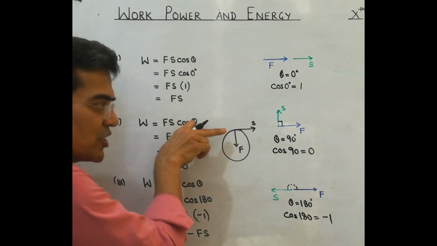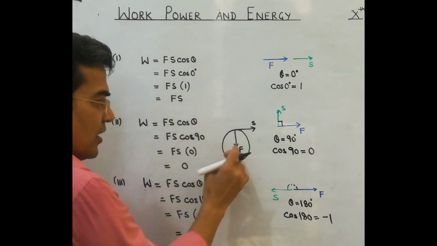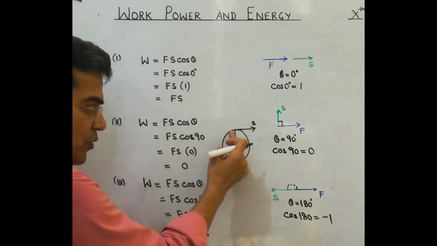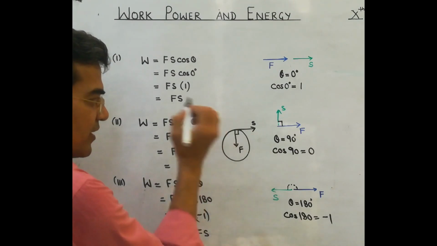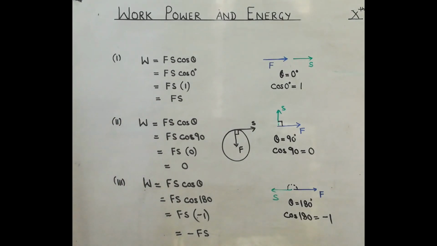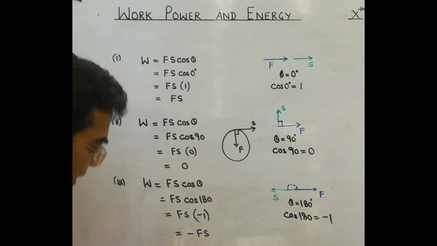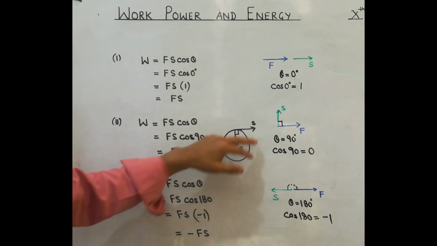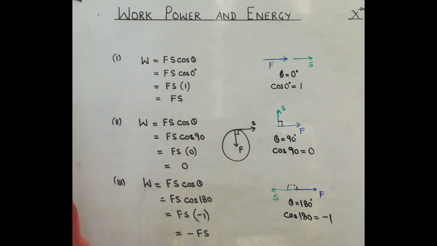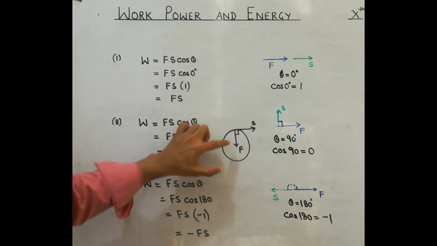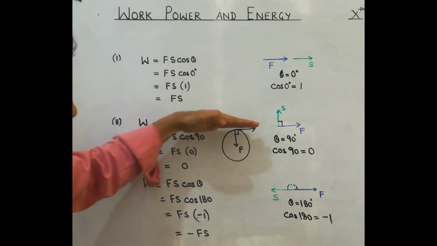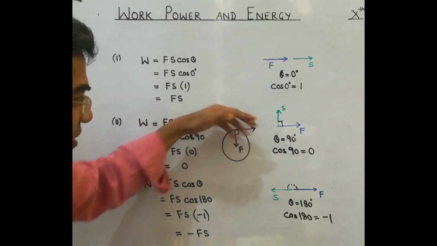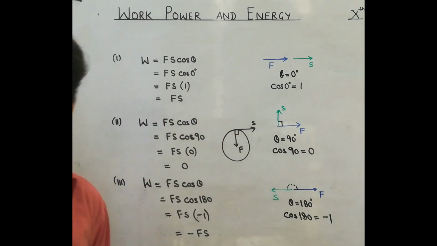So the direction of displacement will be tangential and the direction of force will be along the radius. So these two will be making an angle of 90, so work done will be 0. That's why the example for this case is a body moving on a circular path. The centripetal force acting on the body will be along the radius and the direction of displacement will be tangential, so the angle will be 90 degree. So work done will be 0.